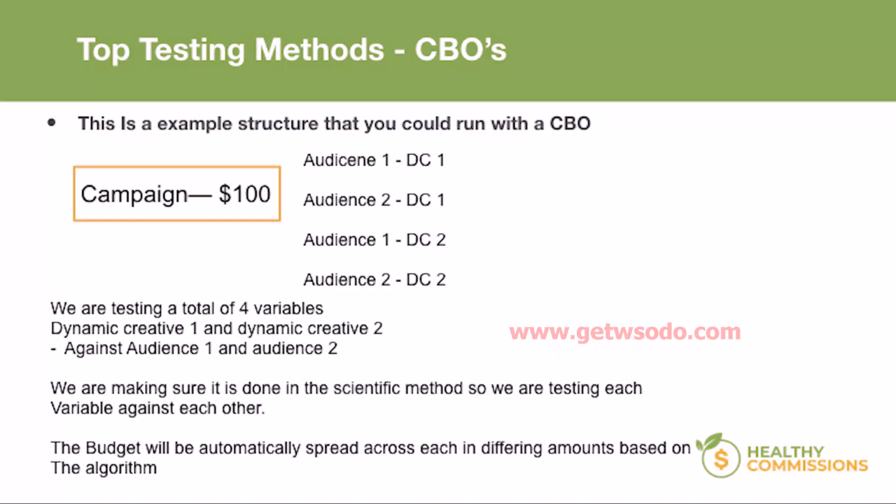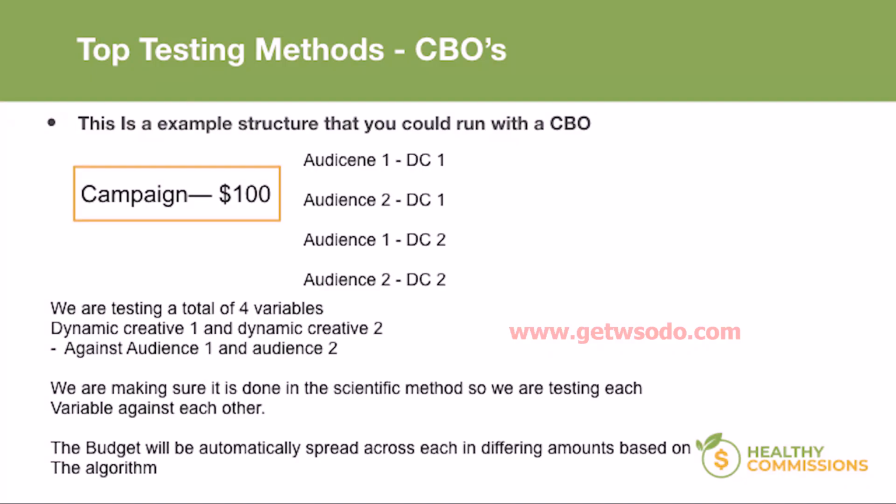So an example structure that you could run with a CBO, we want to keep in mind that we're testing one variation at a time, but you can mix these in, right? So you can see the top two here. We've got DC1 running against audience 1, audience 2, and then the bottom two, we've got audience 1 and 2 running to DC2.